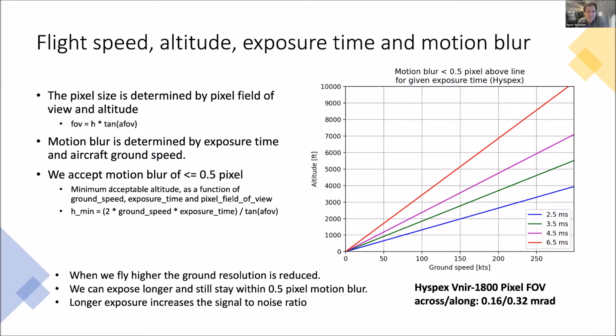And when we have these three definitions, we can calculate a minimum accepted altitude as a function of ground speed, exposure time, and pixel field of view. This is the equation for doing that. And on the right here, I have plotted this minimum altitude given three different exposure times for the HySpex camera that is in the door here.